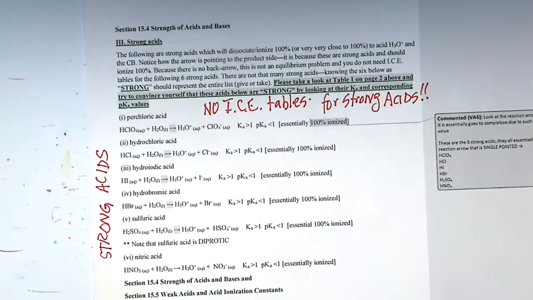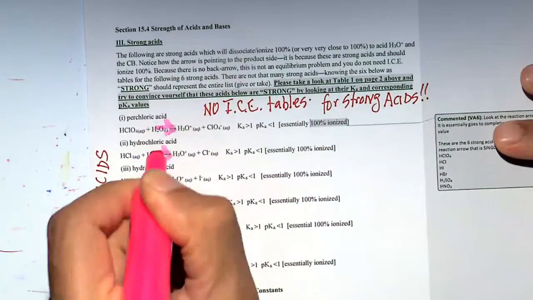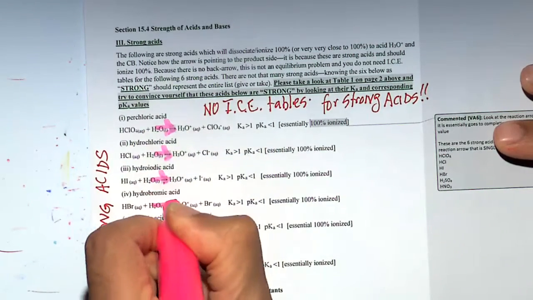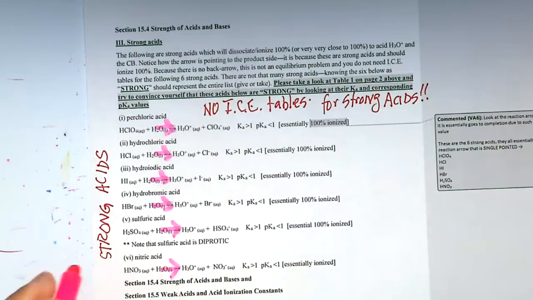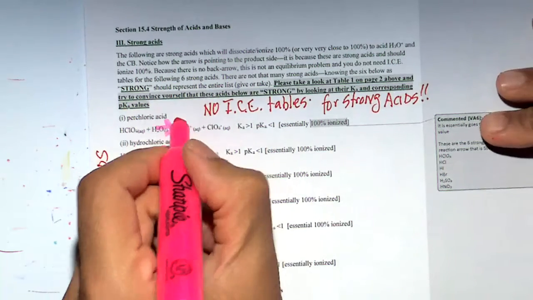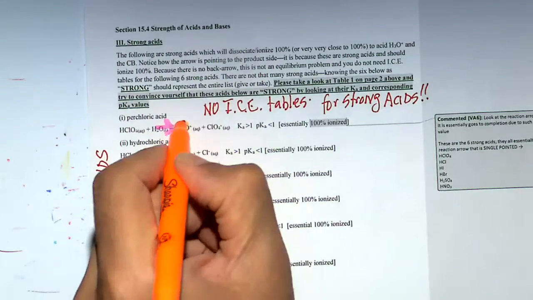Also, for our 6 strong acids, look at the arrow. It's going in one direction only. If you see those 6 strong acids, it's going 100% or close to 100% towards H plus.